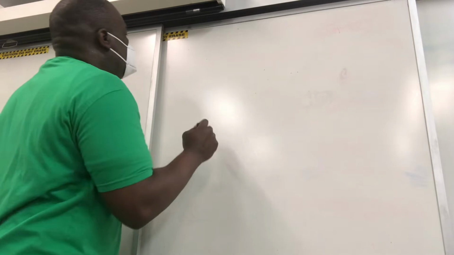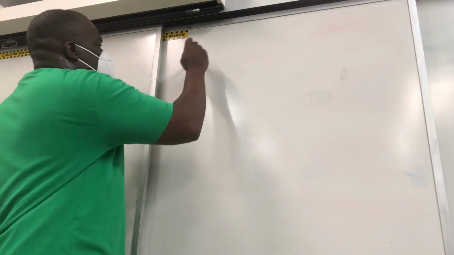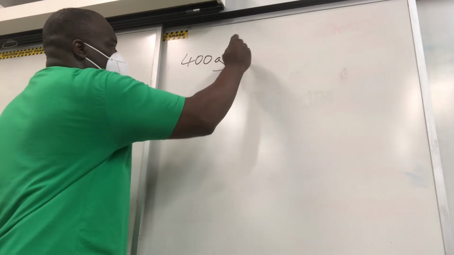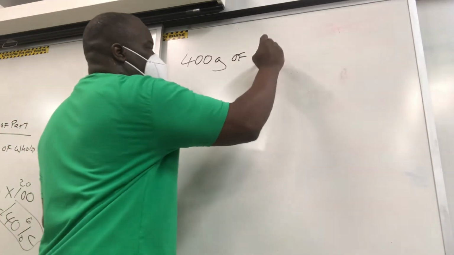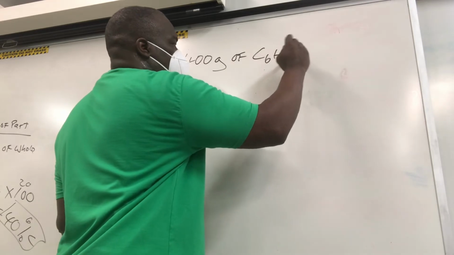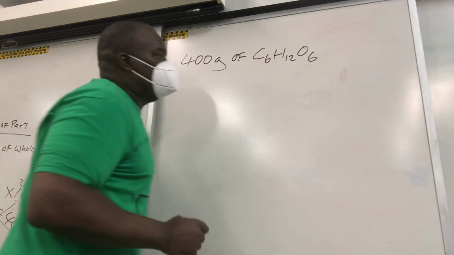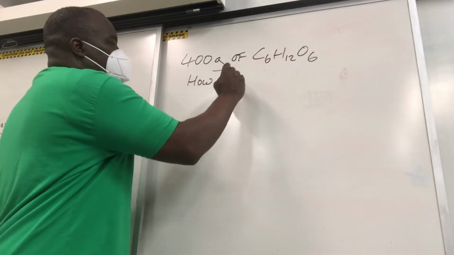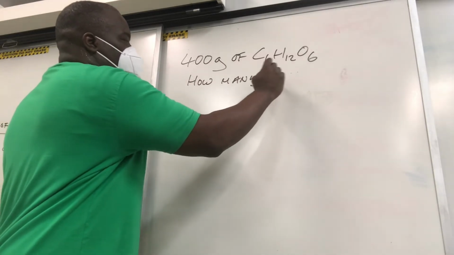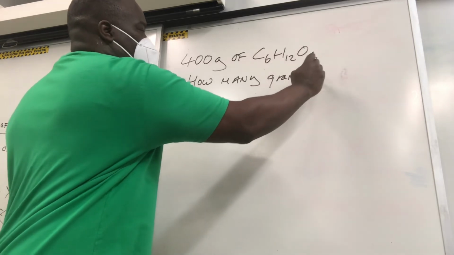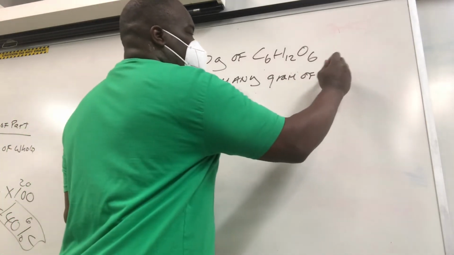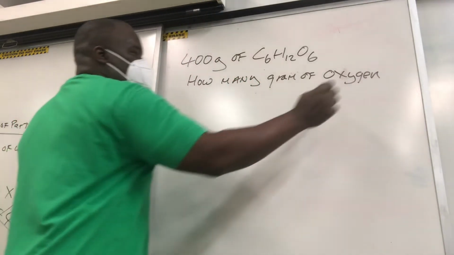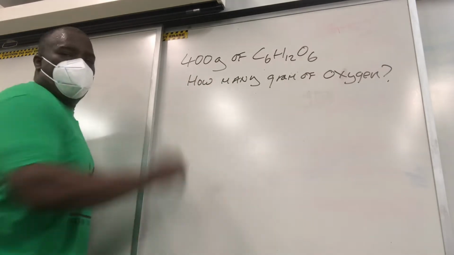You have 400 grams of glucose, C6H12O6, and they ask you how many grams of oxygen are in this 400 gram sample of glucose.